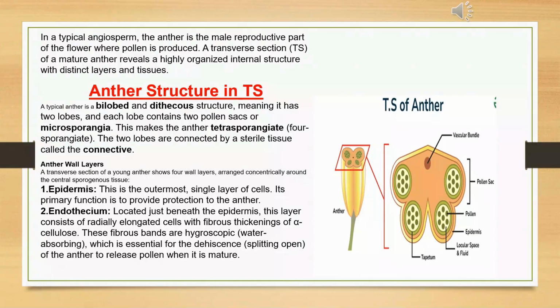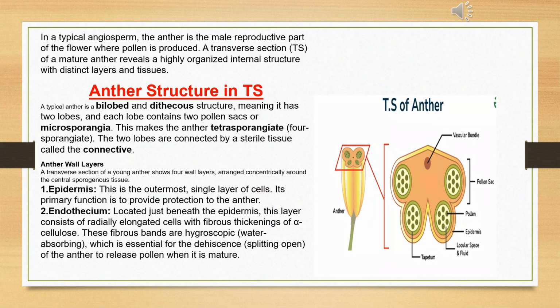A typical anther is bilobed, meaning it has two lobes, and dithecous, meaning each lobe contains two pollen sacs or microsporangia. It makes the anther tetrasporangiate, four sporangia.